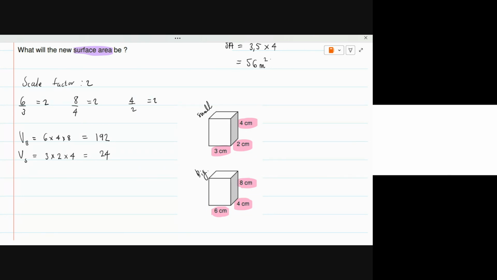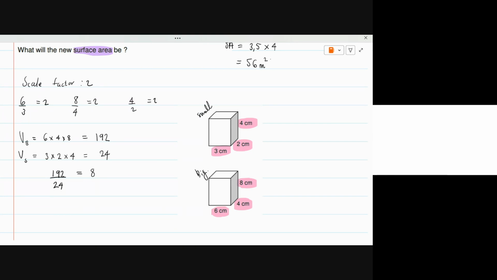Now if I take these two volumes and divide them, 192 divided by 24, what do I get? 192 divided by 24 would give us 8. But that's not our scale factor.